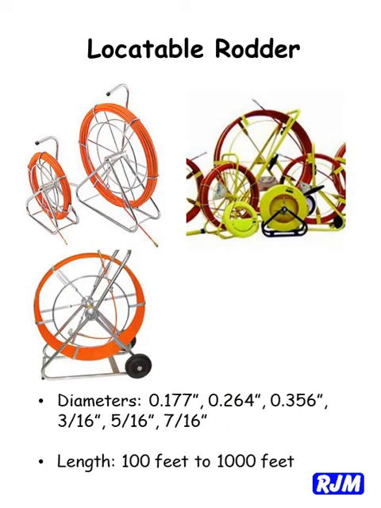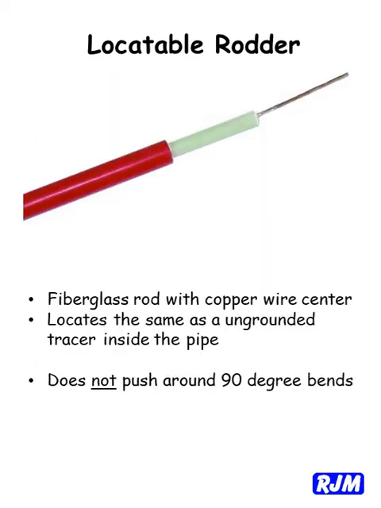Plastic pipes can also be located by inserting a locatable rotor into the pipe. They are available in many sizes, different diameters, and a wide range of lengths. A locatable rotor is a fiberglass rod with a copper wire in the center and a protective jacket on the outside. It locates the same as having a tracer wire inside the pipe.